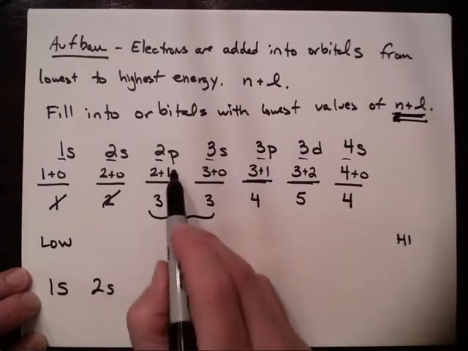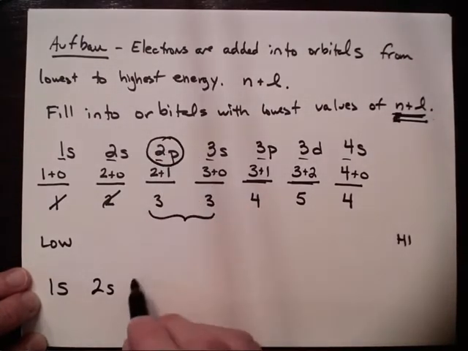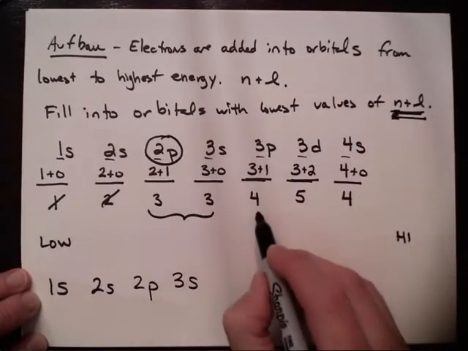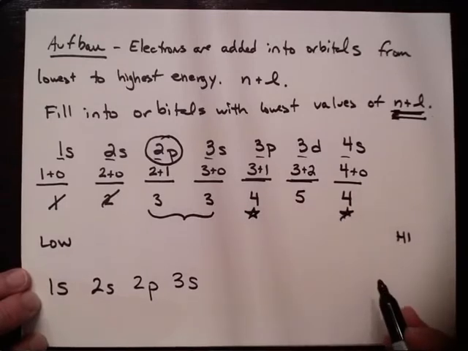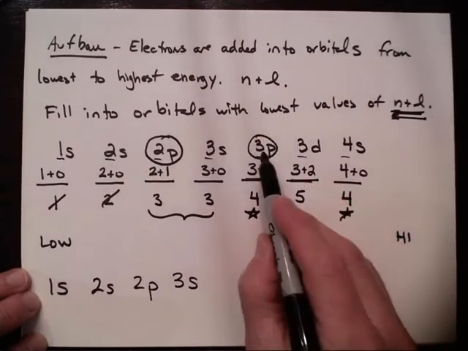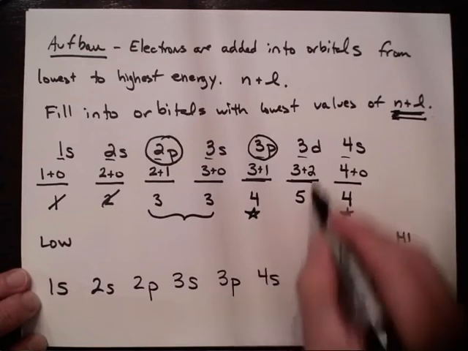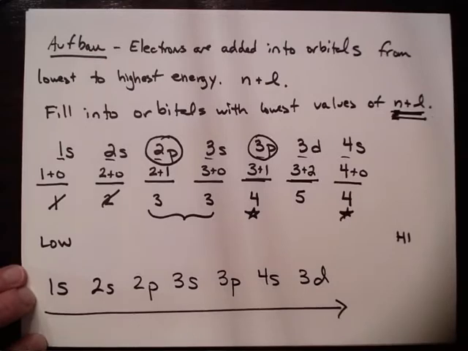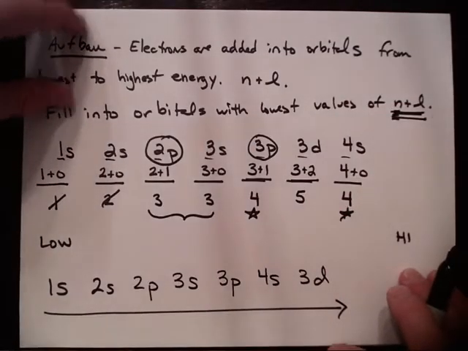Well, in this case, we take the orbital with the lower value of N between the two, which is the 2p, so that would be next, and then 3s comes next. Then these two orbitals are the next highest values of N plus L. We're going to choose the 3p first because it has the lower value of N, so 3p, and then 4s, and then finally 3d would be the highest in terms of energy. So this is the basis of the Aufbau Principle.